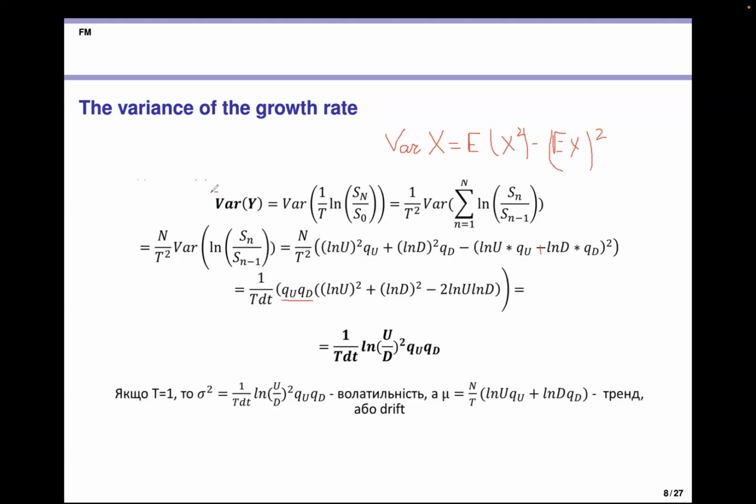So in this case we find the variance of y, and it is this. We can notice that if t equals 1, one year, the variance we will call volatility, and the mathematical expectation we can call mu, and it will be the drift or trend.